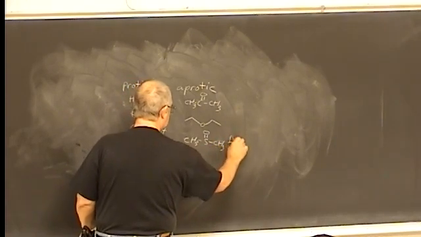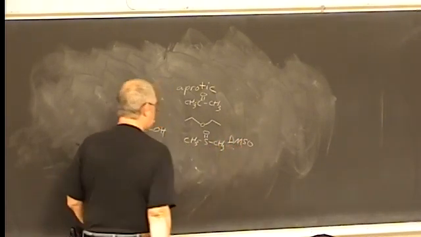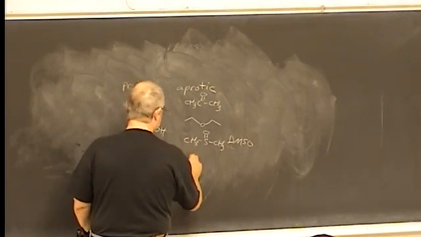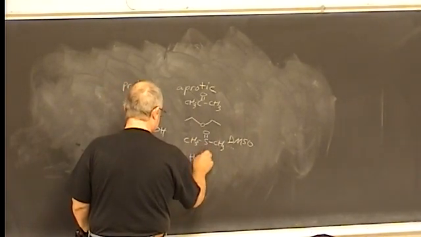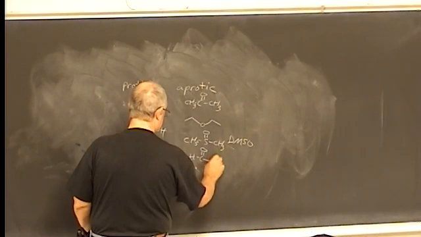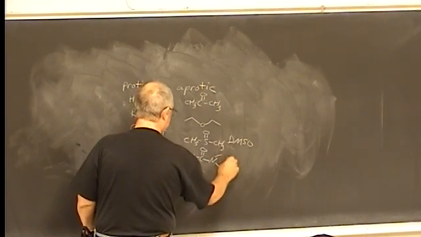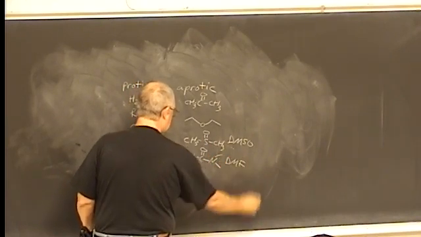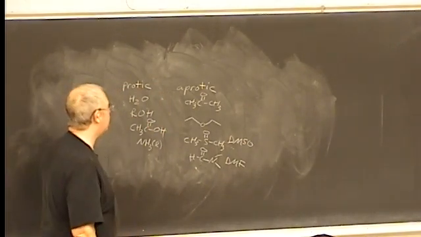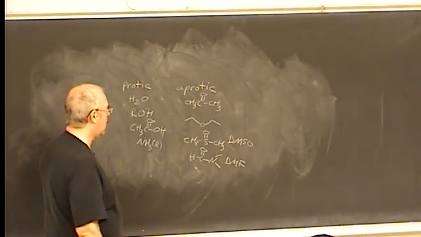This is called DMSO, dimethyl sulfoxide. This one's called DMF, dimethyl formamide. These are examples of aprotic solvents.